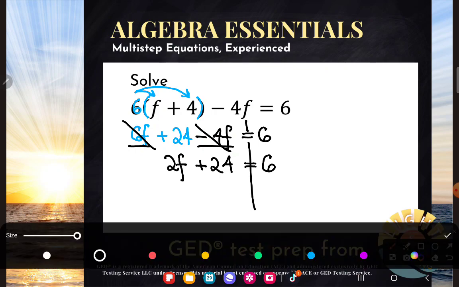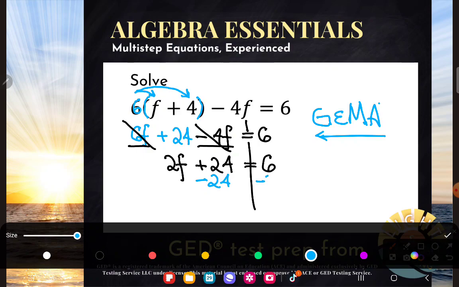Now it's time to start moving backwards to solve. So when I solve, if you remember, that's when I work my order of operations backwards. And so let me move anything adding or subtracting with f first. So I'll take 24 away from both sides.